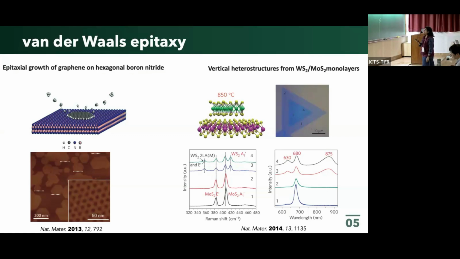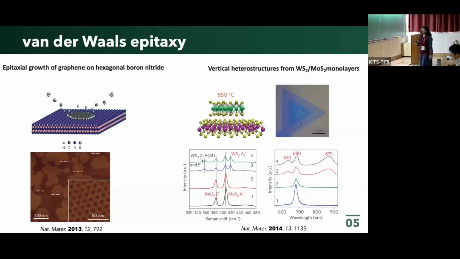But as opposed to that, if you have vertical heterostructures grown using CVD, the interlayer coupling is very strong and you start seeing features which are not present in directly stacked heterostructures. For example, you can see interlayer excitons, and you see features in the Raman.